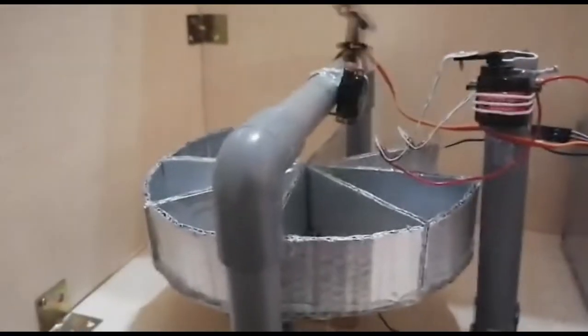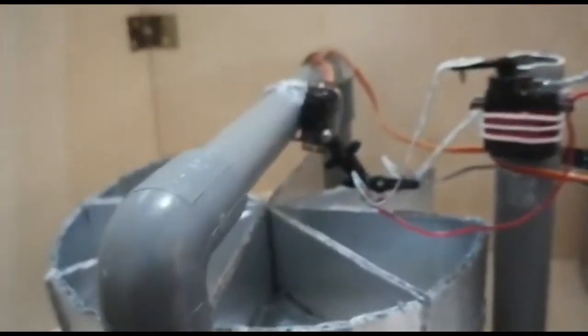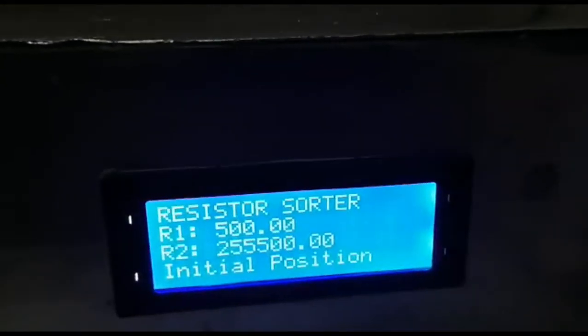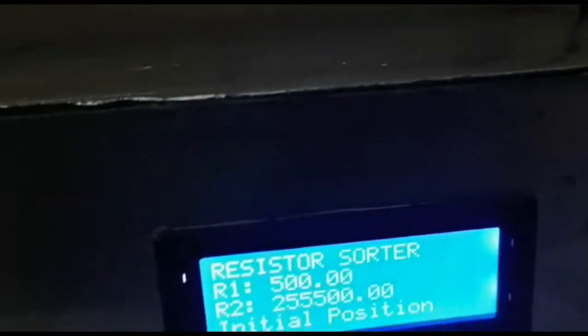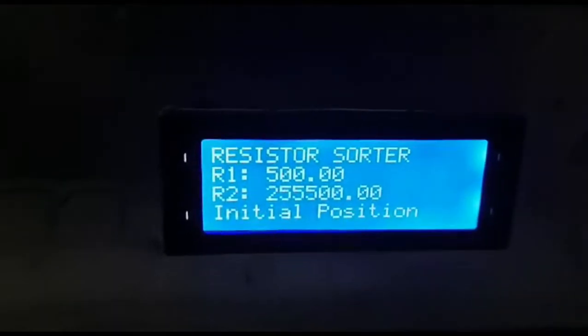The same goes for a 500 ohm example. If I put a 500 ohm resistor, the bin will rotate to 500 ohm, and here it states 500 ohm bin. For the second example, if I put another 500 ohm, it will change to the bin, and the value, as you can see, is 501.96 and 500 ohm bin.